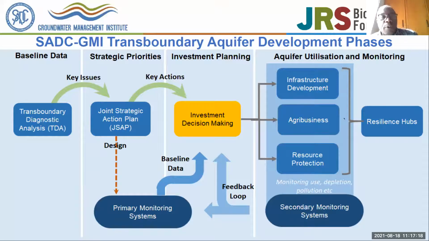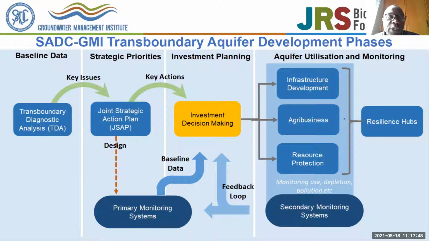So our model for working in these transboundary systems, of course, we start with a transboundary diagnostic analysis, but in this context, we have different types of reports, and these actually inform joint strategic action plans that bring together the nations and the institutions that are sharing the water system, and these normally feed into investment decision-making processes, and then we create resilient hubs.